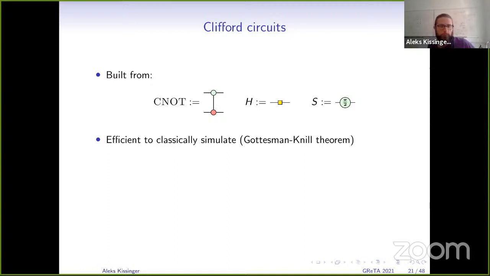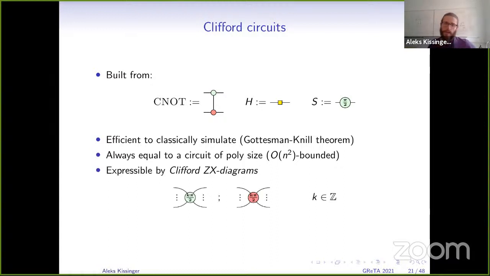You can simulate a Clifford circuit in cubic time, thanks to this famous Gottesman-Knill theorem. This is one of the core theorems in quantum computing. And again, they're always equal to a circuit which is quadratically deep. So they also have this nice feature that if I have a very deep Clifford circuit, I can always bound that and make it smaller. These are expressible by another quite tidy fragment of ZX calculus, called the Clifford ZX diagrams.